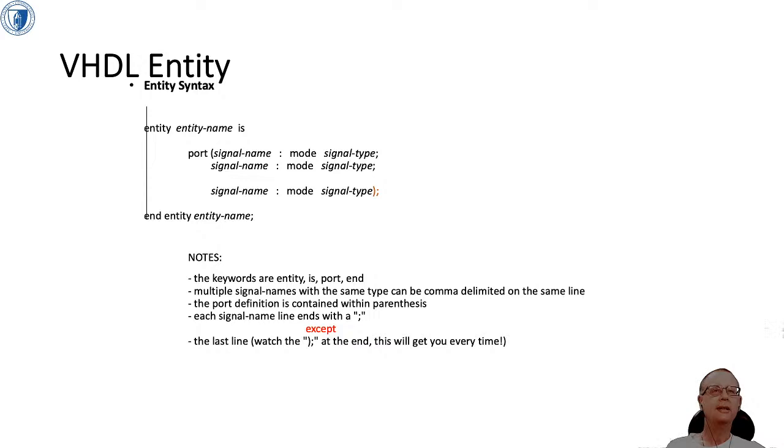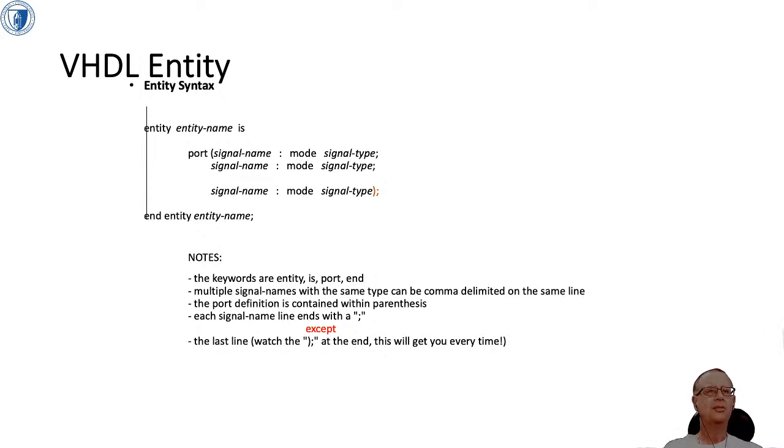Right? A and B and S and C all have the same signal type, but the mode is different. A and B are inputs and S and C are outputs. And you've got to make sure you have a semicolon at the end, except for the last one.